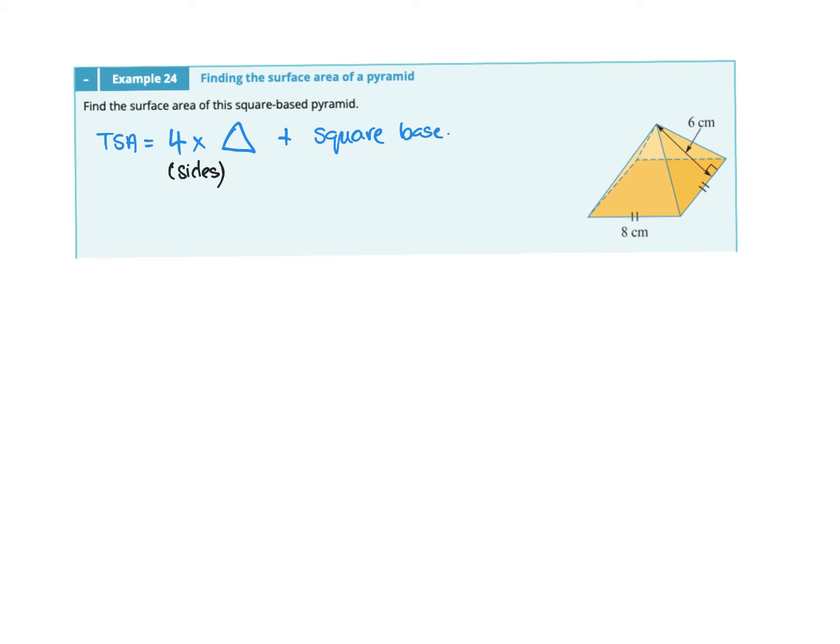Okay, so if we're going to write out the formula for this, we've got 4 times, what's our formula for the area of a triangle? Yep, so we can say half times base times height. That's how we find the area of a triangle.